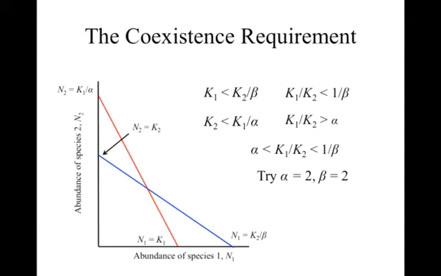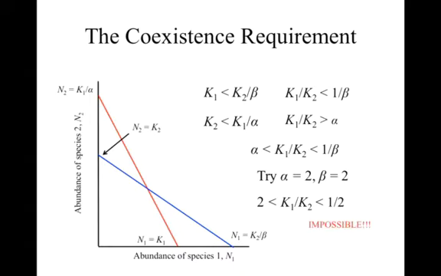So let's try 2. If I put that in, what you'll see is 2 has to be less than K1 over K2, which has to be less than 1/2. Is 2 ever going to be less than 0.5? No.